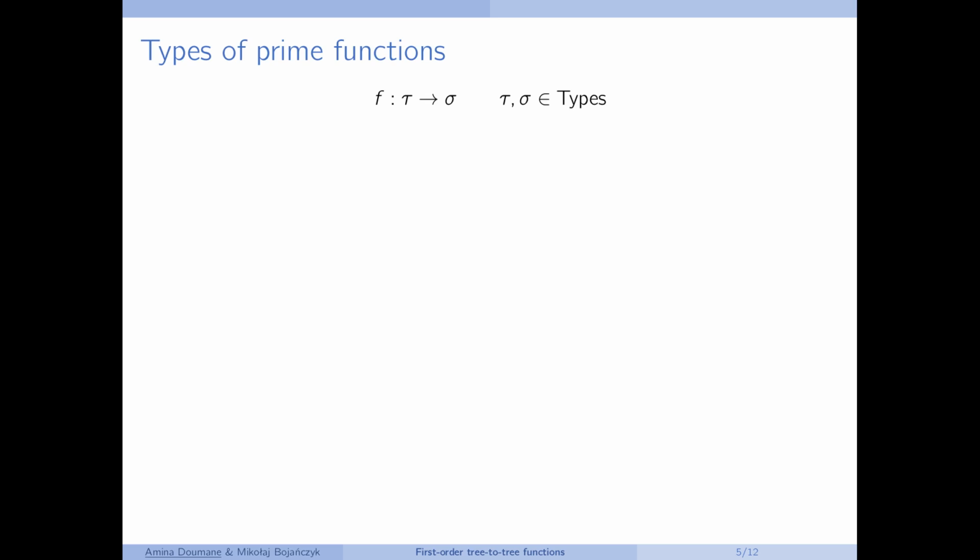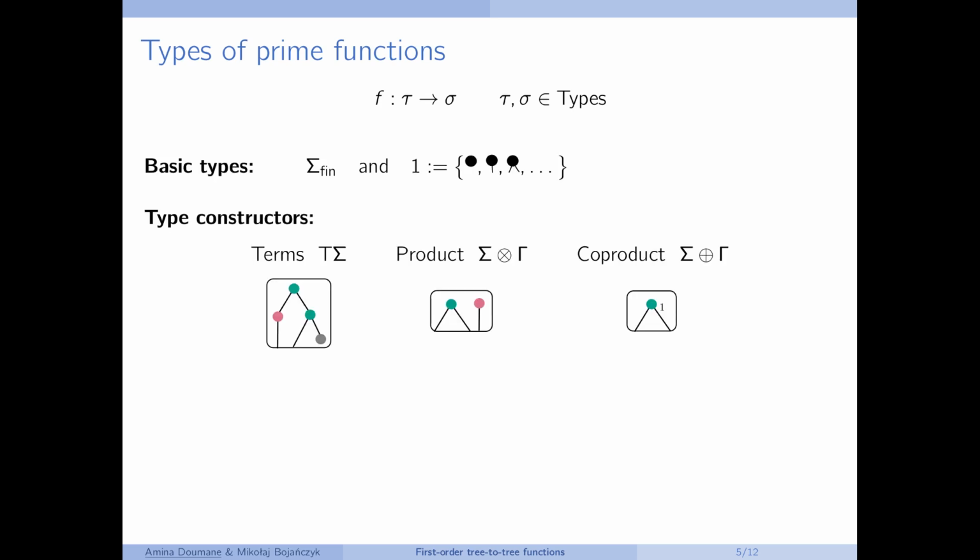And this is the reason why our types will be ranked sets, meaning that each inhabitant of a type will have an arity. So types are defined inductively, the base case being the set of all finite ranked sets, and the ranked set, here I denoted by 1, which contains a single element for each arity.